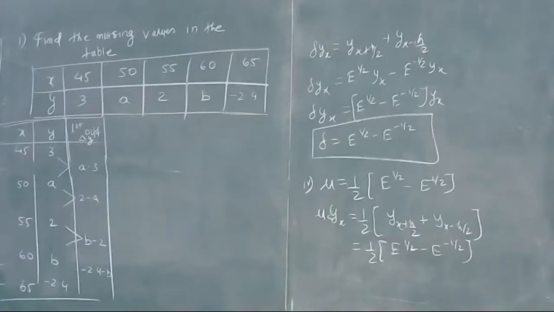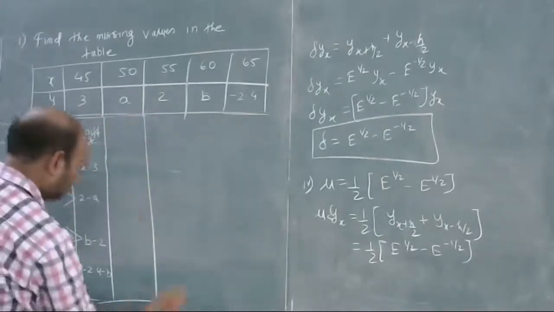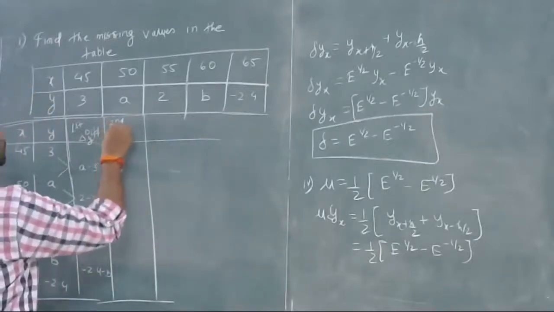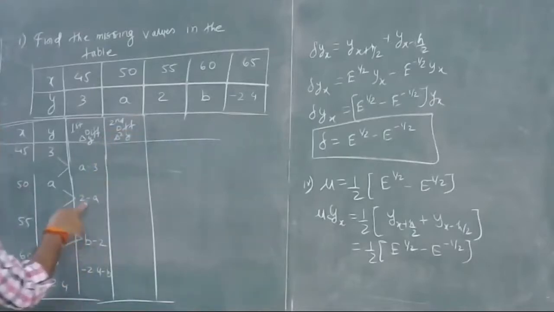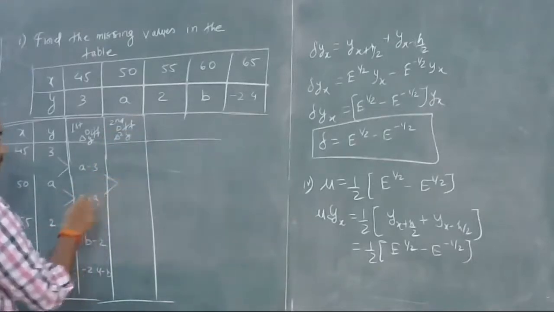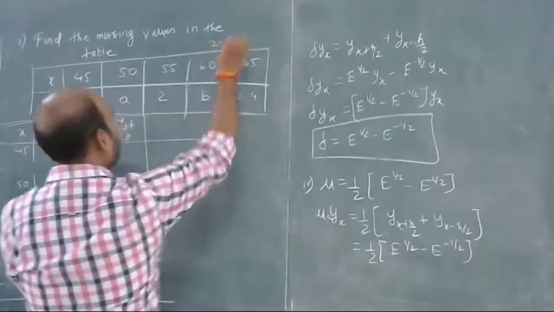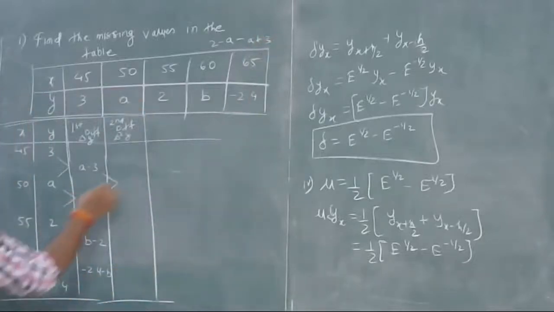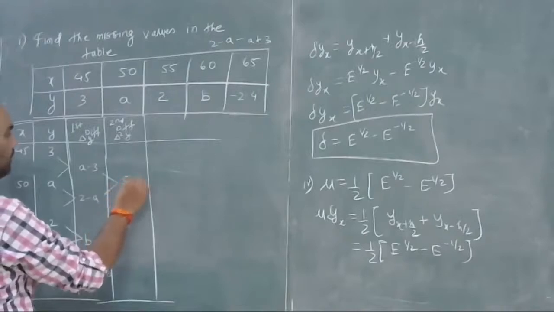Okay, so next, so this is del y. Next, second difference, del square y. So this will be the difference of these two. So 2a minus a plus 3. Okay, so this will be 5 minus 2.